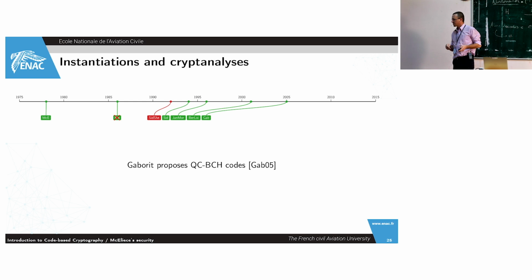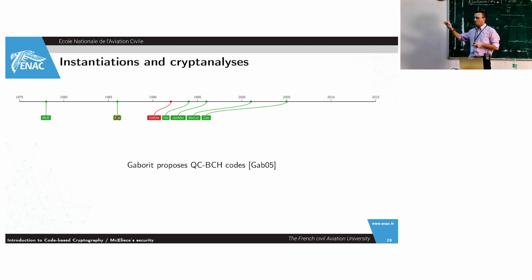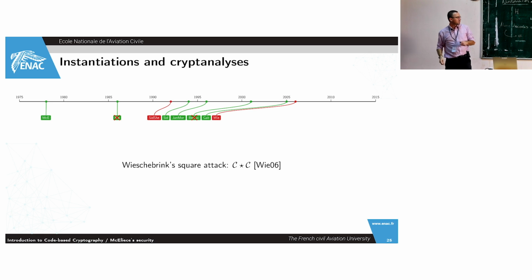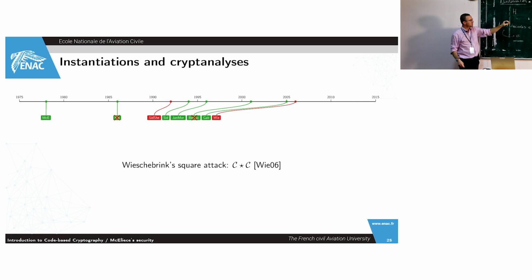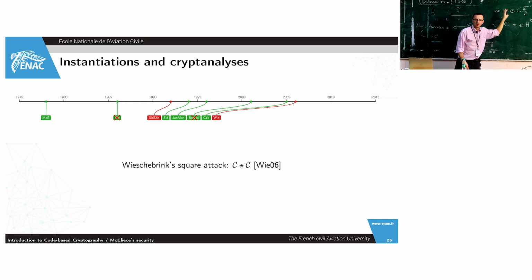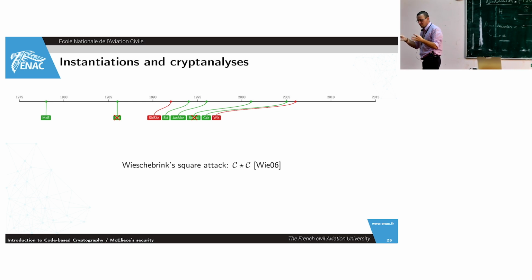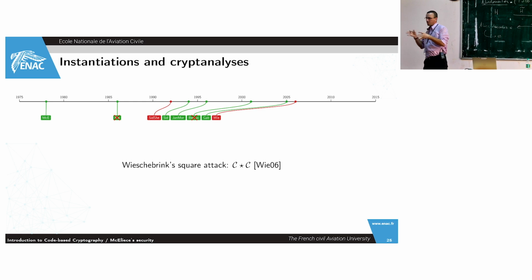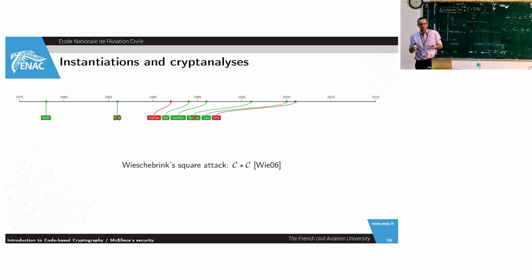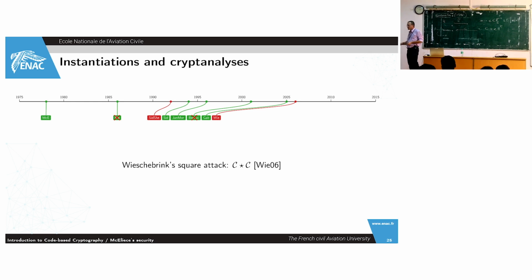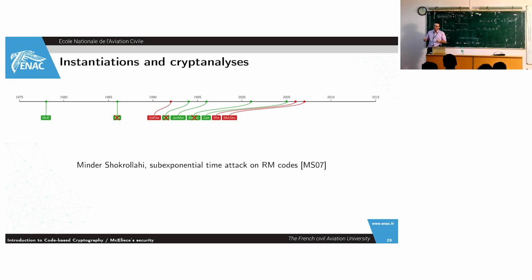Some time later, two people, Sidelnikov and Shestakov, arrived with a cryptanalysis of Niederreiter's approach, not fundamentally on the small technicality of mapping a message to an error of weight t, but because they were only looking at the public key and were able to retrieve the structure of the code, meaning that generalized Reed-Solomon codes were not indistinguishable from random codes. They managed to recover the structure of the code and then to decode it.